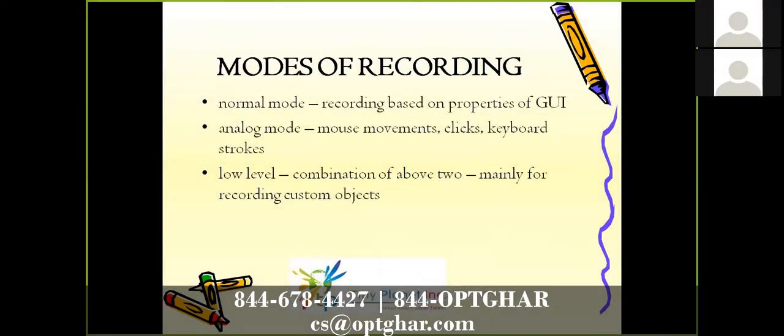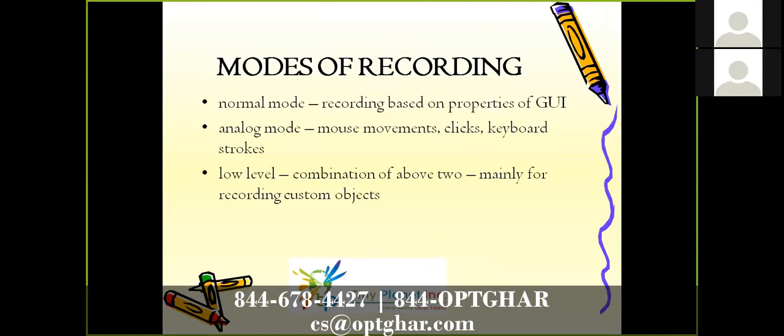And types of recording. Normally we do normal recording, which is the basic recording. It records the properties of an object, and when you play it, it plays according to what you have recorded. We also have analog mode of recording, which records mouse movements when you click and keyboard strokes.